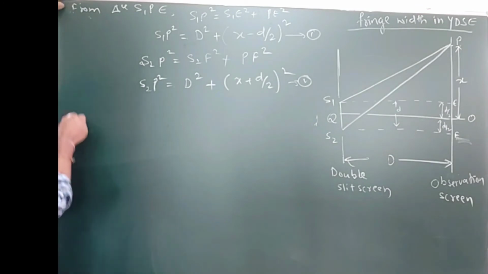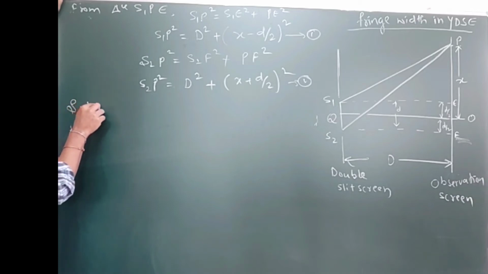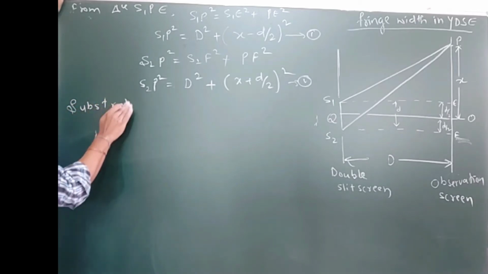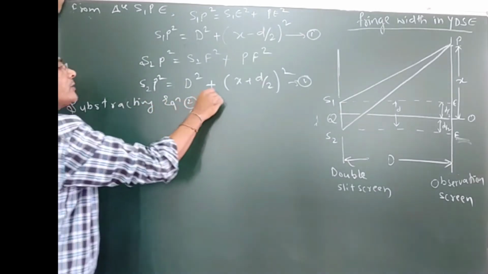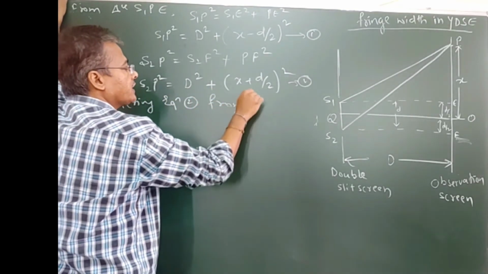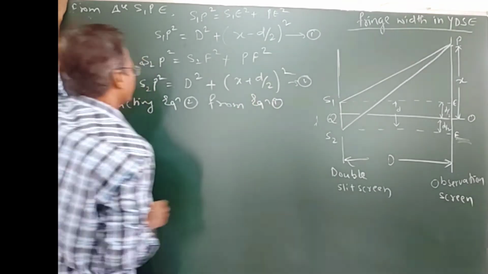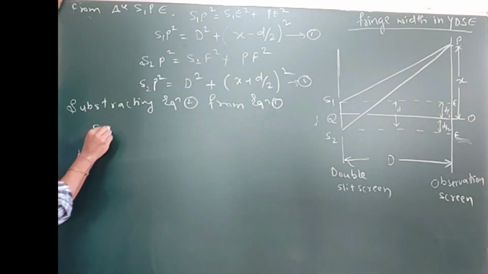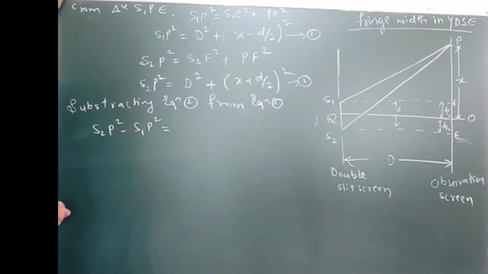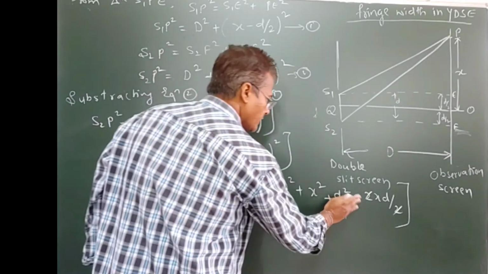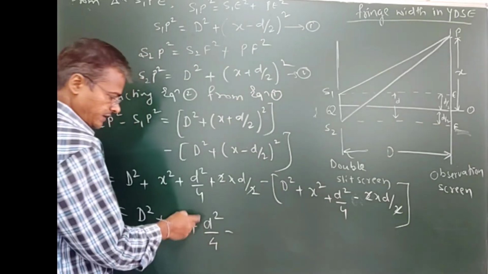So subtracting equation 2 from 1, S2P square minus S1P square. Then it should come plus, and here it should be minus.